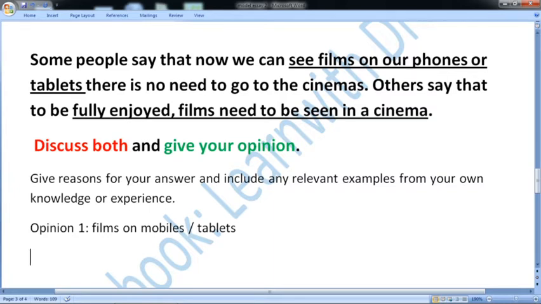So when we see films on mobiles or tablets, number one, I would say there is flexibility of time.